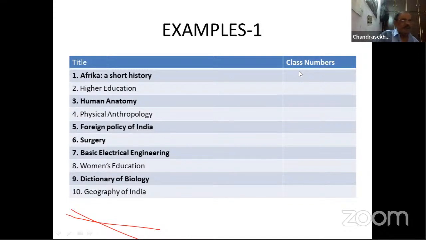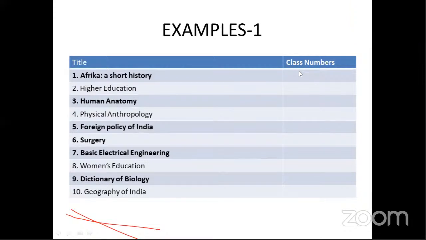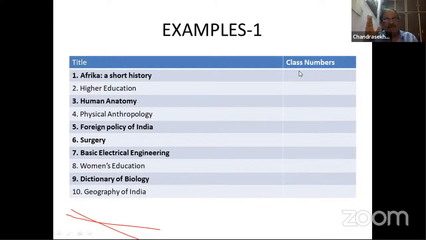What is the number for dictionary? You have to bring the number from Table 1, standard subdivisions. Dictionary number is not 32. 32 is for languages, that is bilingual dictionaries, 32 to 39.